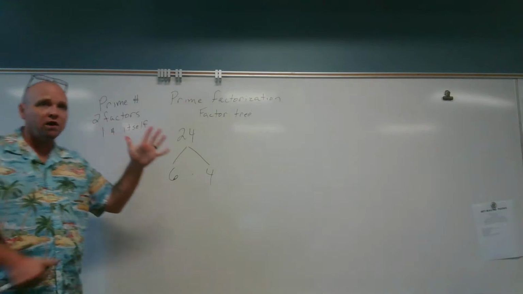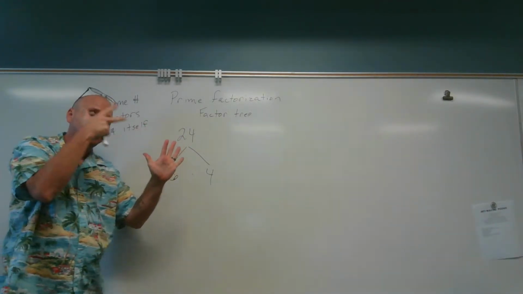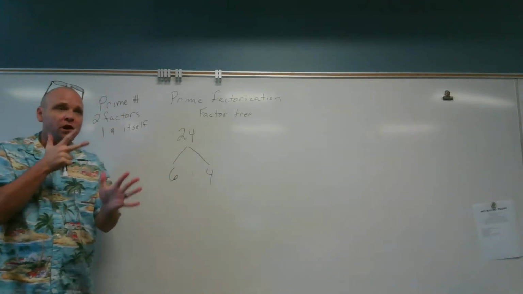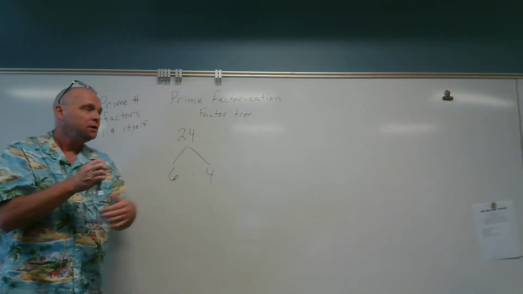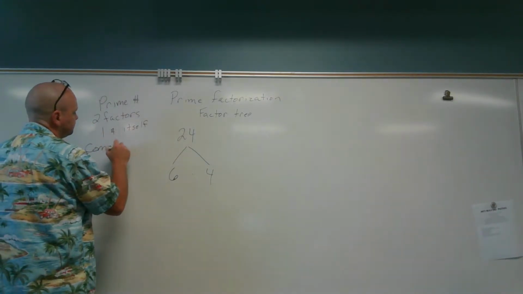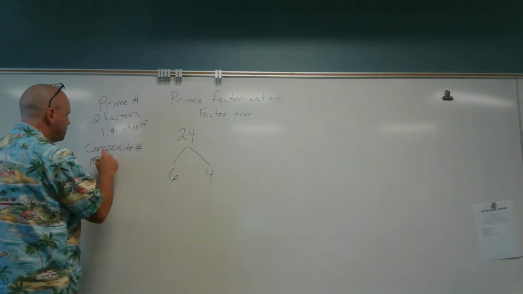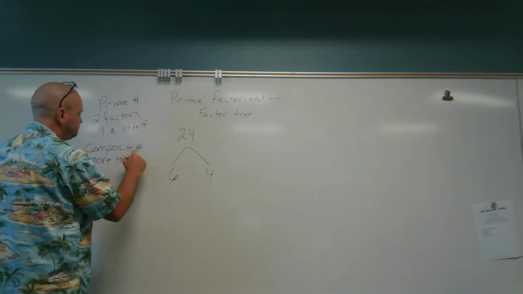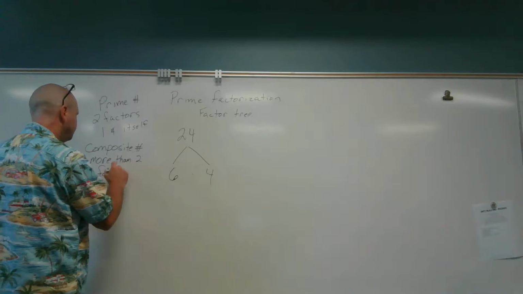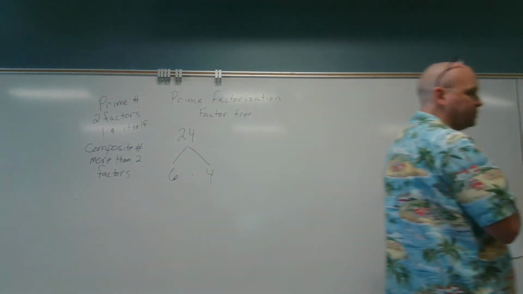It also has 12 times 2, that's 2 more factors. It also has 8 times 3, so the number 24 has 8 factors, which means it's a composite number, which is more than 2 factors.